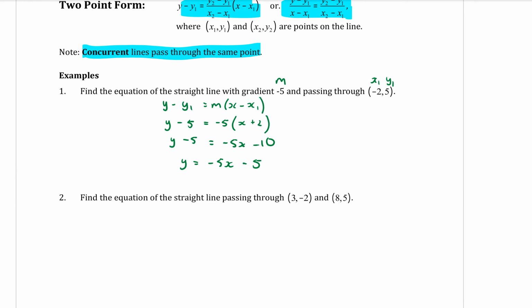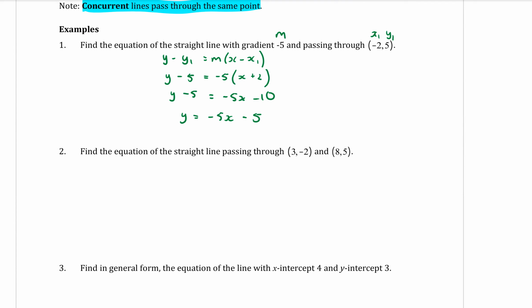So I'm going to use the version, because there was 2 choices there, the y minus y1 over x take x1 equals y2 take y1 over x2 take x1. Okay, that was the second option that we had there. I'm going to label my points: x1, y1, x2, y2. And it's just subbing in again.